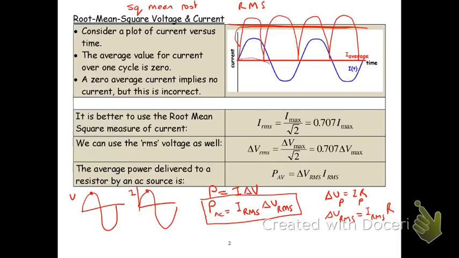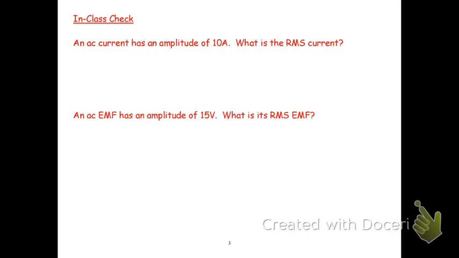Okay. So that's what this basically says. And the RMS is basically the maximum value over root 2 because of the shape of this thing. It's the maximum value over root 2, which is 71%, basically. So if we do this, we can say an AC current has an amplitude of 10 amps.